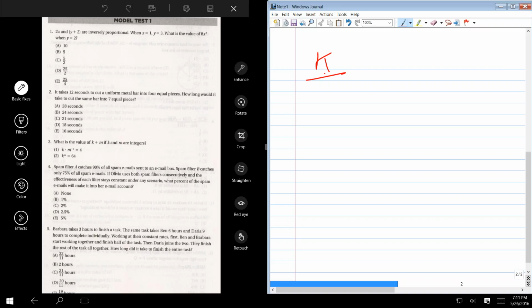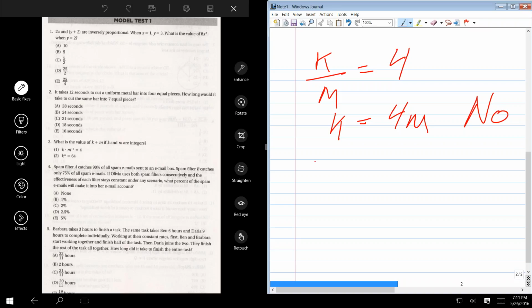Yeah. So let's write this as k over m equals 4. Is that enough? In other words, that means k equals 4m? Yeah, that's not enough. Exactly.